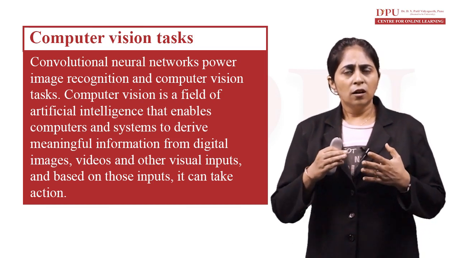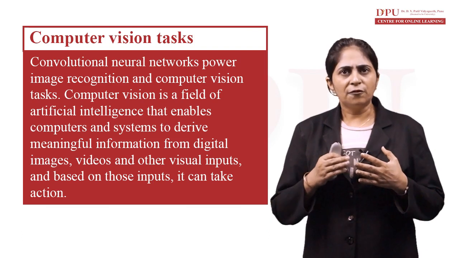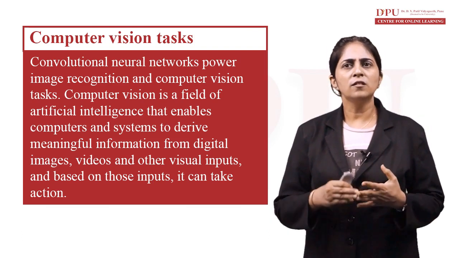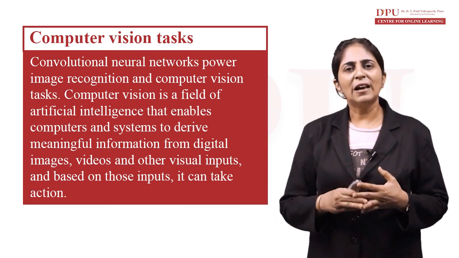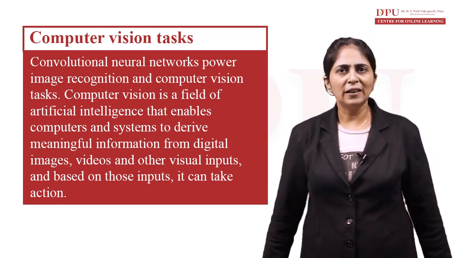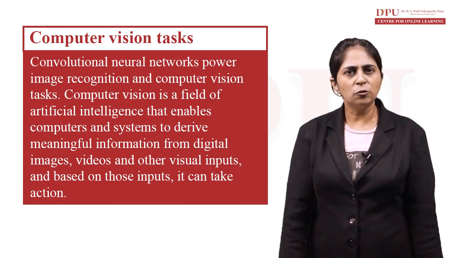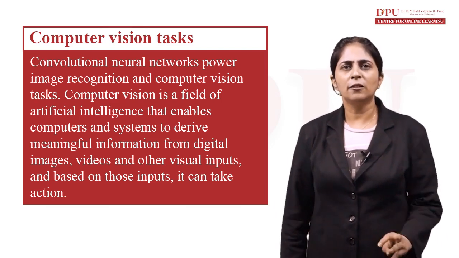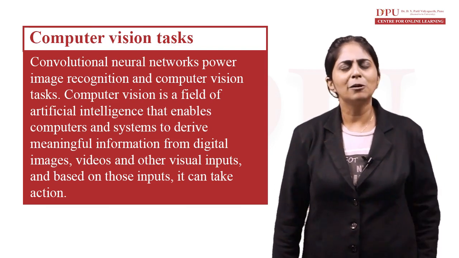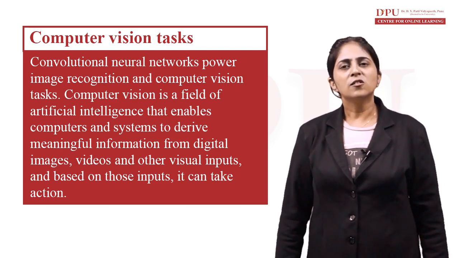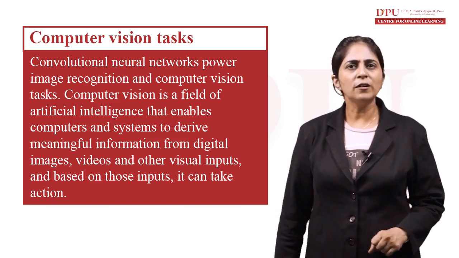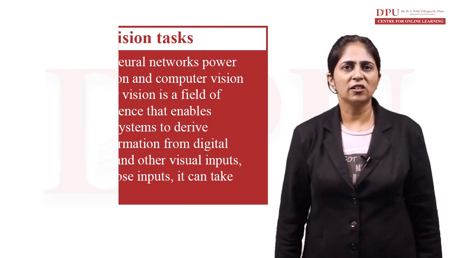So computer vision is a field of AI which enables computers and systems to derive meaningful information from images, videos and visual inputs, and based on that information, perform actions. The ability to provide recommendations distinguishes it from the image recognition task.